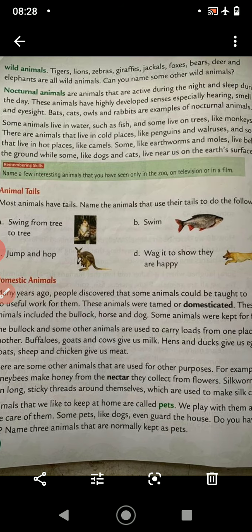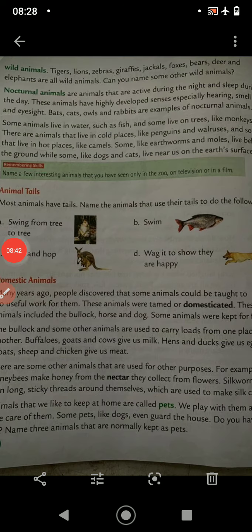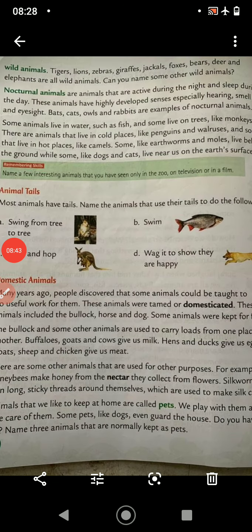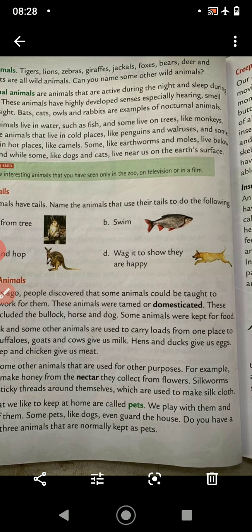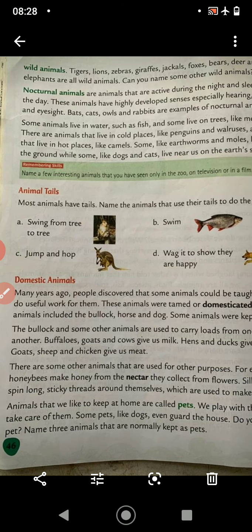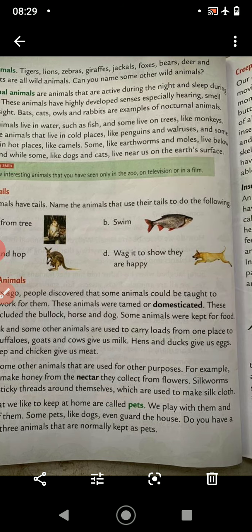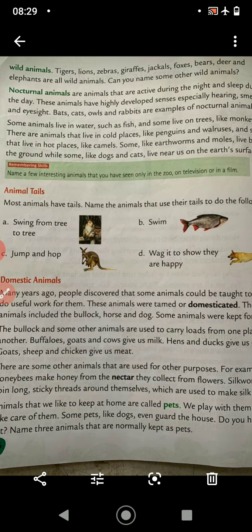And some live in hot places like camel. Some like earthworms and moles live below the ground, while some like dogs and cats live near us on the earth's surface.